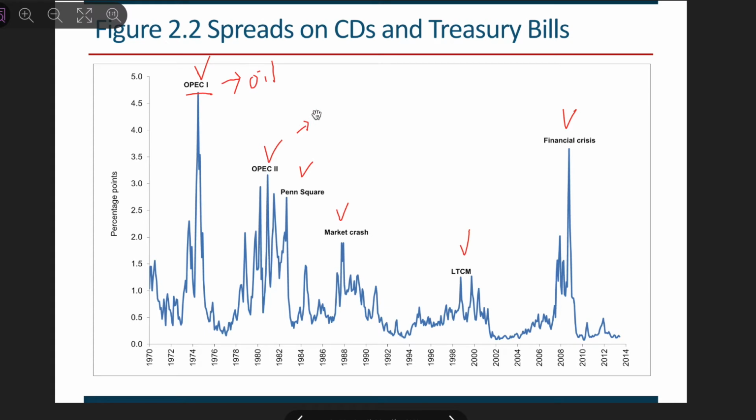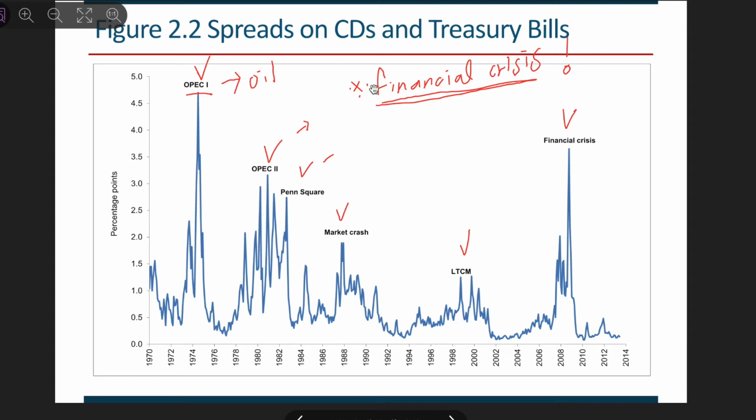So there was another oil shock, Penn Square, another bank failure, the market crashes, and so on. So what we see here is that all of these are financial crises. So what happened during the financial crisis to make the spread bigger?